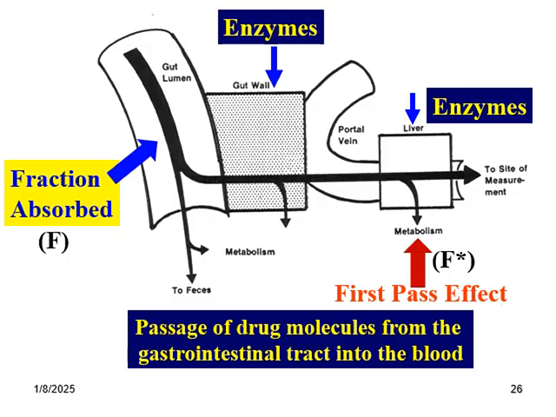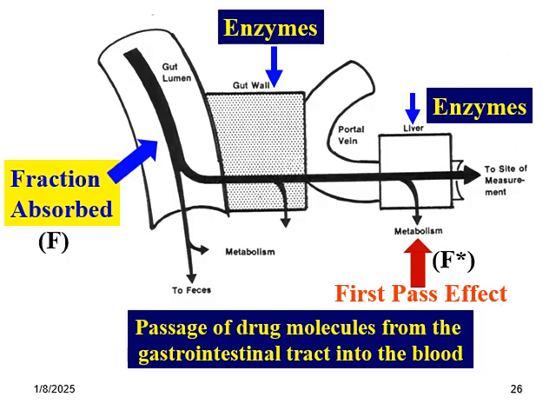Then the enzymes on the gut wall will decompose part of the drug. Then, of course, in the GI tract, the drug will be metabolized, right? And part of the drug will remain in its original structure or status and go to feces.